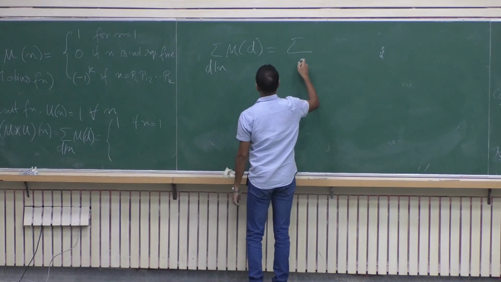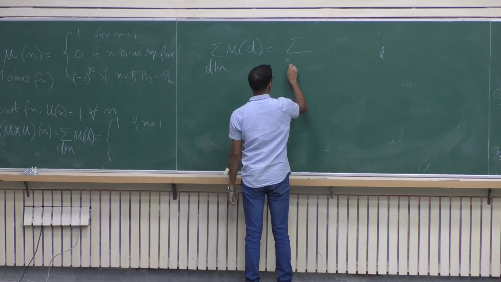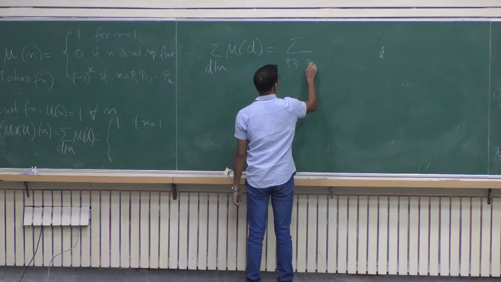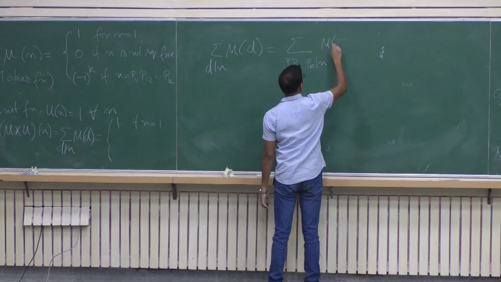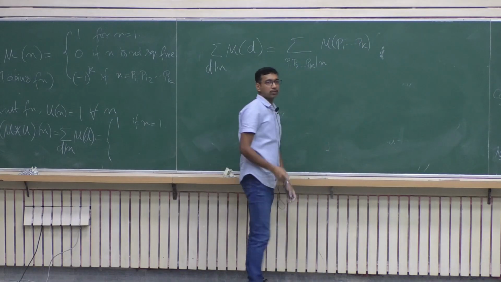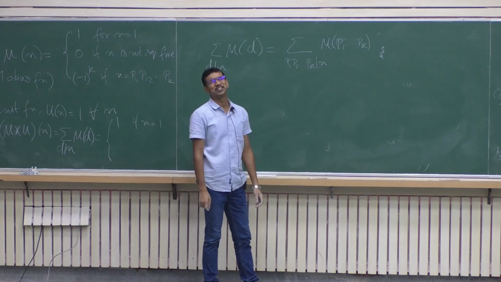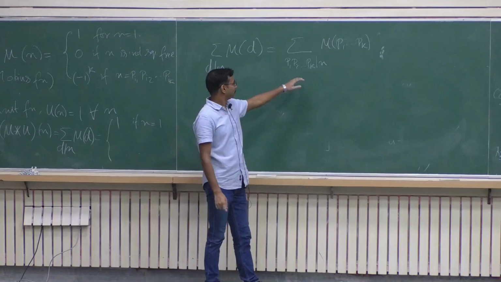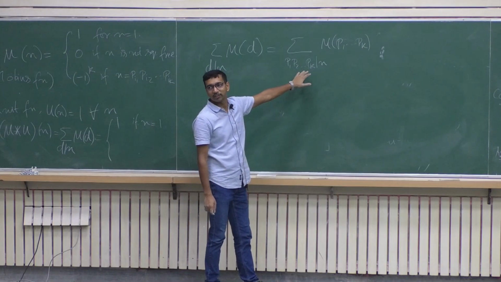The product over the sum of mu of p1 up to pk, where p1, p2, up to pk divide n. That is, the sum is over only the square free divisors of n, that is, the products of the primes which are dividing n.